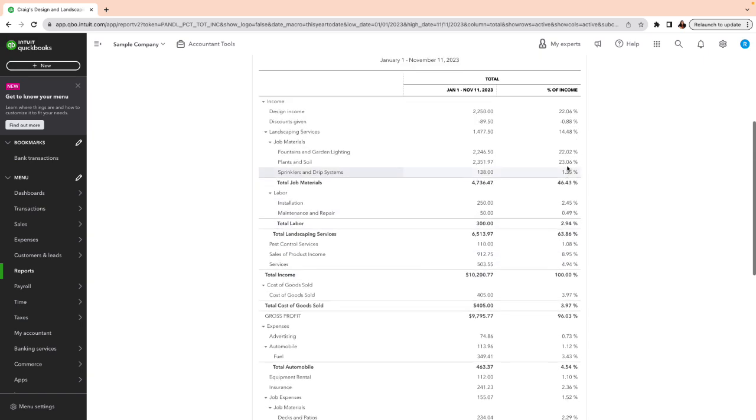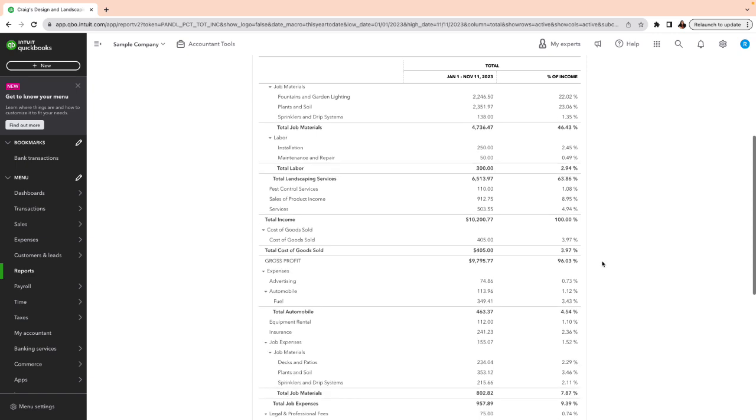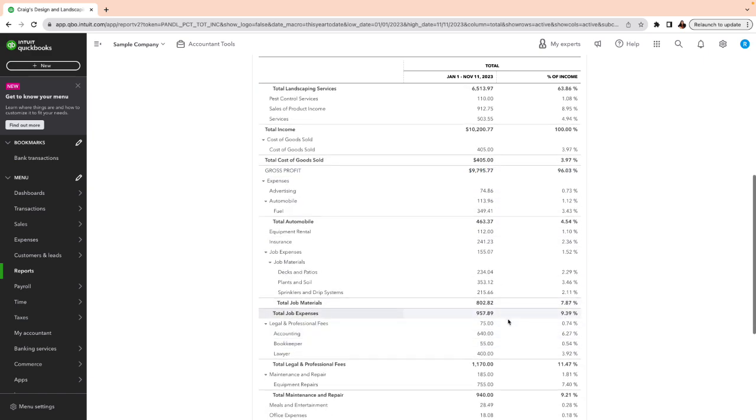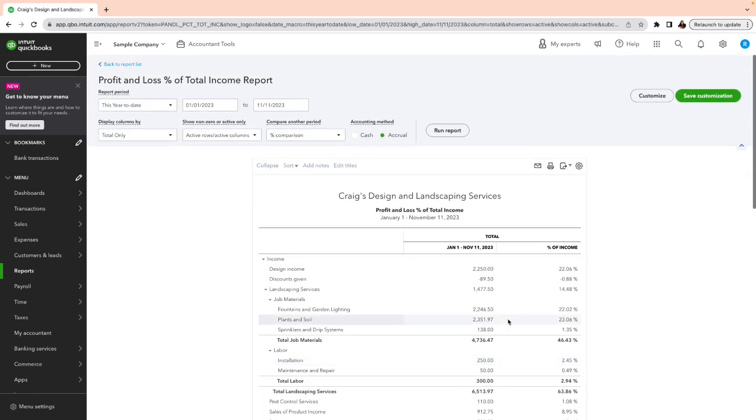See, all this is sub accounts, and then you're going to have your direct cost, which is your cost of goods sold. Then you're going to have your gross profit. Gross profit basically is your profit before your operations expenses, and then right after that is your regular operations expenses that are not direct cost.